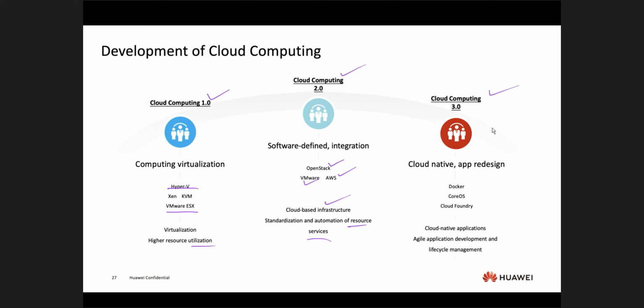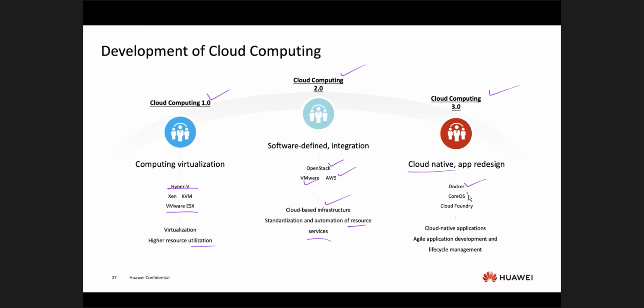And now we have cloud computing 3.0. I'm not sure there's a 4.0, but this is now cloud native. And what does cloud native mean? It means that you are natively running something in the cloud, but not really hardcore. You're not running a VMware in the cloud. You're running it natively, right? Lightweight. And that is the likes of Docker. Docker is basically a container. You run the certain dependencies of the website on Docker, and the rest is not really needed. It's not a full operating system that's needed.